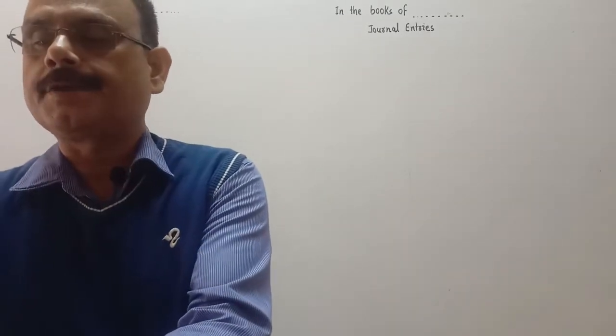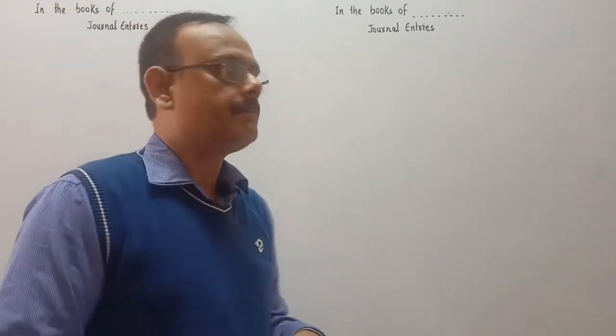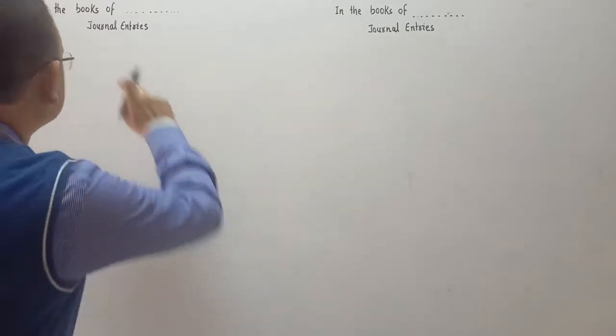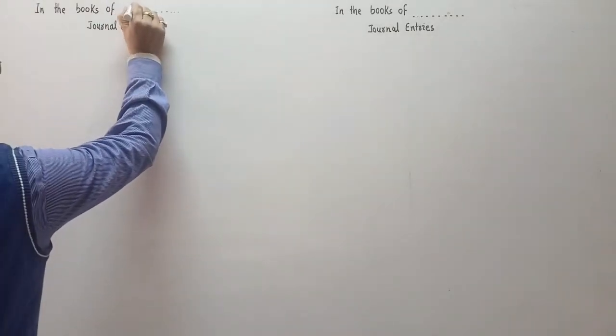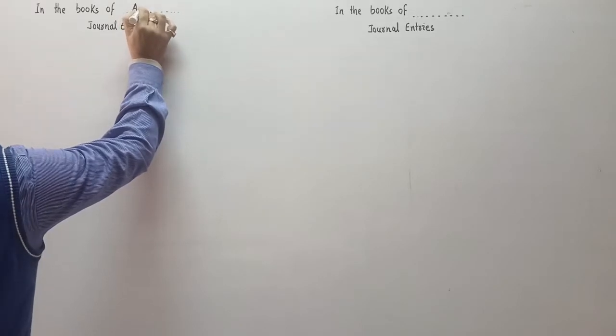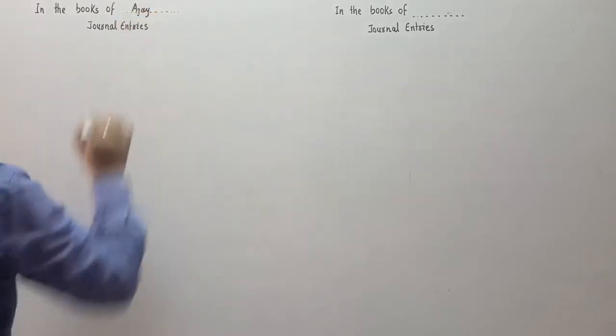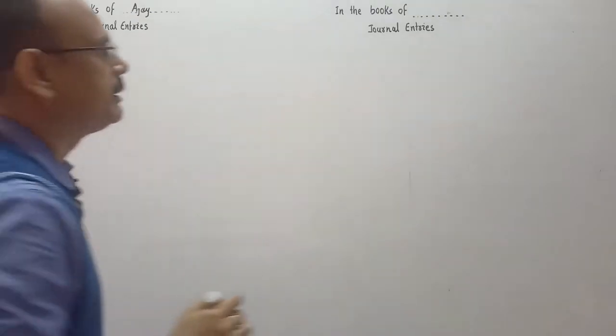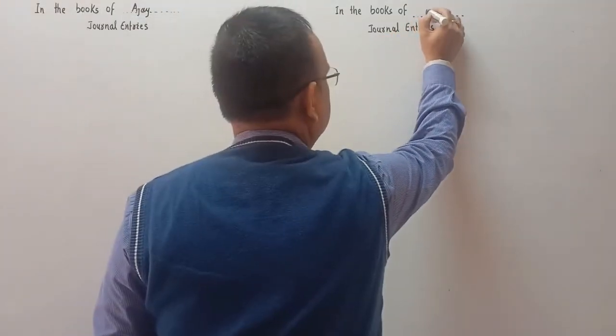Okay, we'll do the entry in the books of Ajay and Balbir. Ajay is the seller and Balbir is the purchaser.